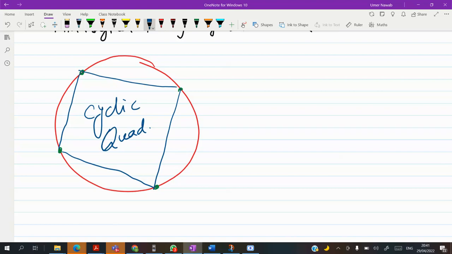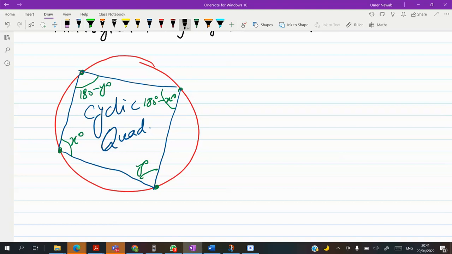In a cyclic quadrilateral, we have a very nice property. That property is the opposite angles are supplementary. If this is y, the opposite to y is 180 minus y.